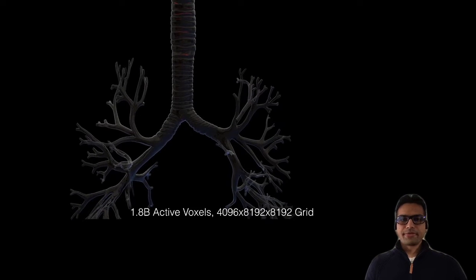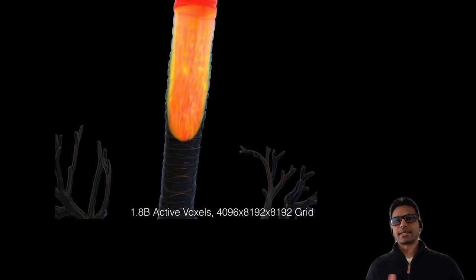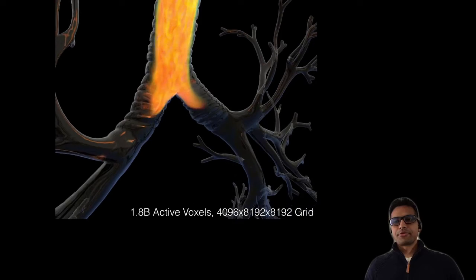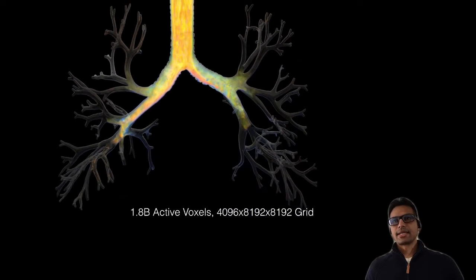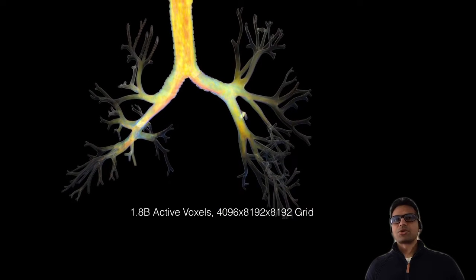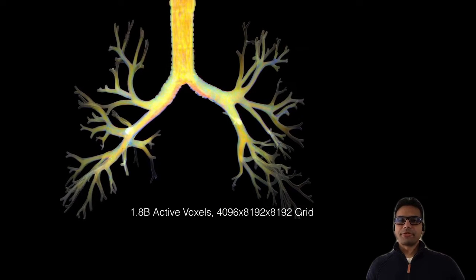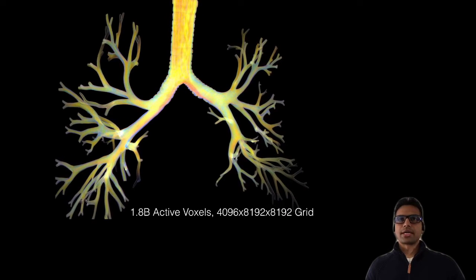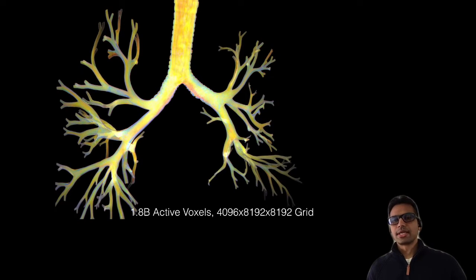So, to give an idea of the kinds of simulations these techniques have allowed to do, here is an example where we are showing airflow in the human respiratory tract. And just to give you an idea, there are approximately 2 billion variables inside this human bronchi to capture the level of detail for the fluid simulation that is being shown.